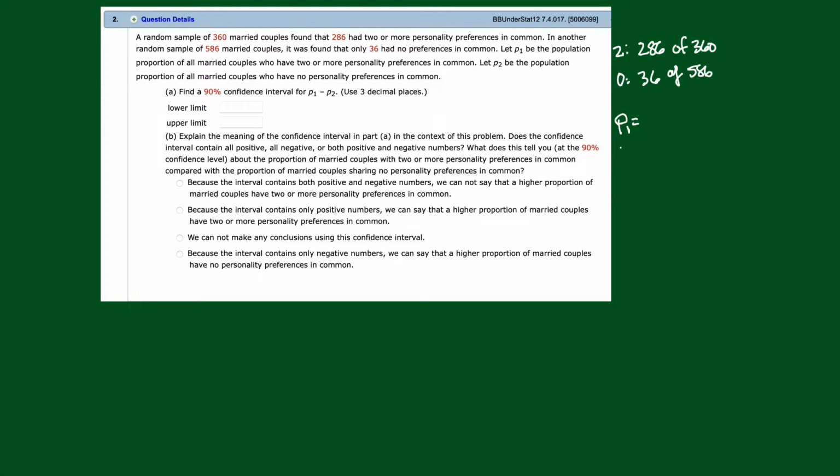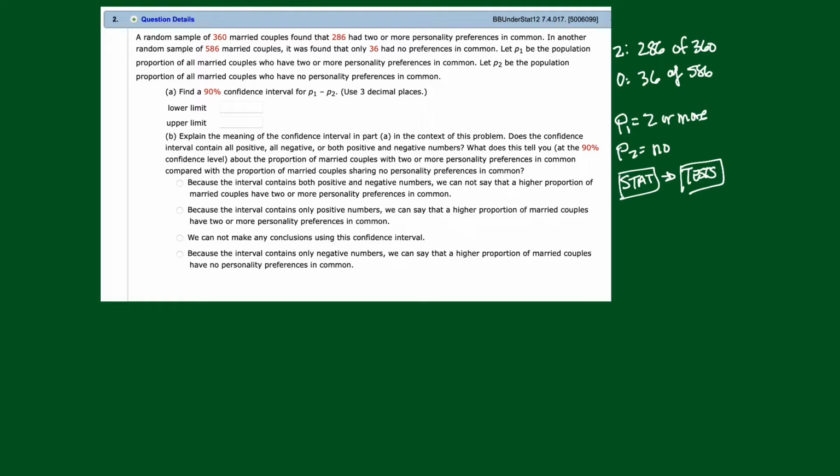And P2 will be the population proportion of having none. Now we're asked to find a 90% confidence interval for P1 minus P2. Use 3 decimal places. Okay, so let's go to stat.